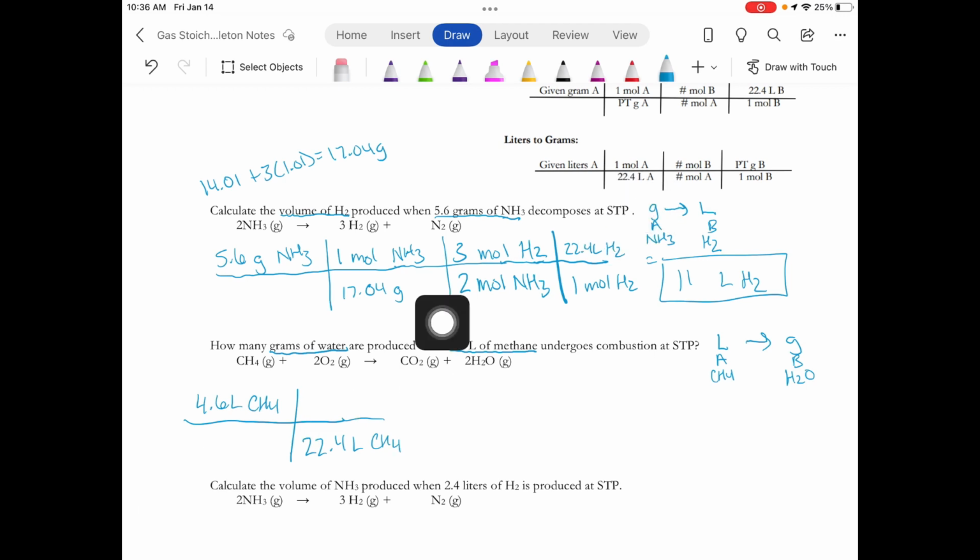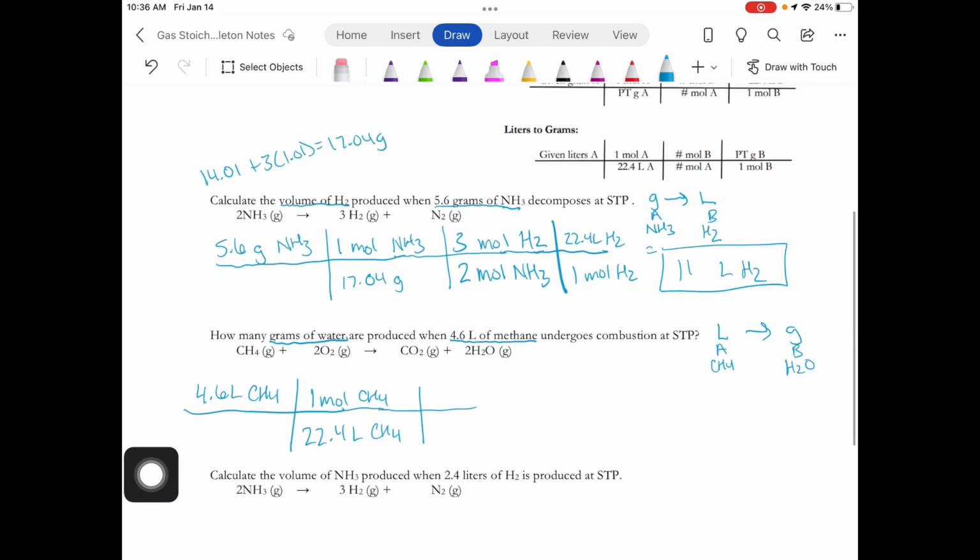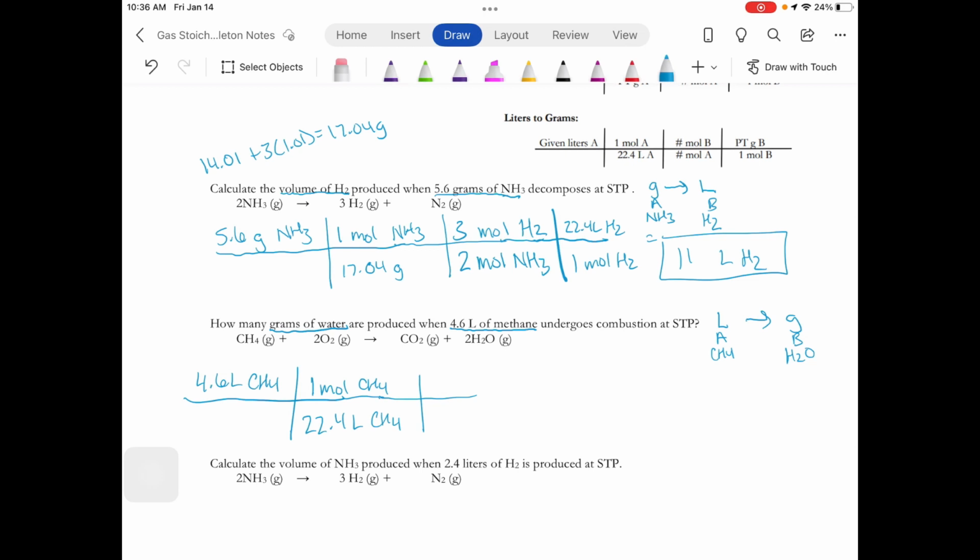And then on top, we'll have 1 mole of CH4, 1 mole of that A. Then on the bottom will be, from the balanced equation, moles of your CH4. Well, in the balanced equation, we only have 1. Then we put moles of B on top from your balanced equation. Our B is your water. And in the balanced equation, we have 2 of them.